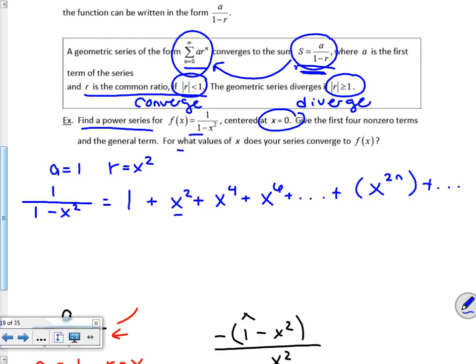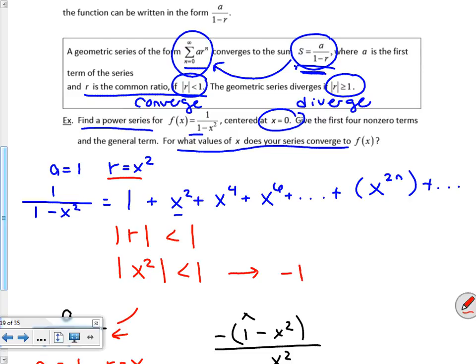For what values of x does my series converge? The series converges, remember, when the absolute value of r is less than 1. So r in this case was x squared. So I'm saying the absolute value of x squared will be less than 1. I want to solve for some more specific x values. This will happen if we think about it between -1 and 1.